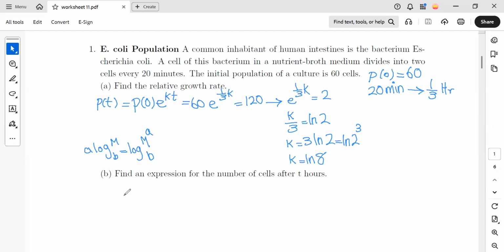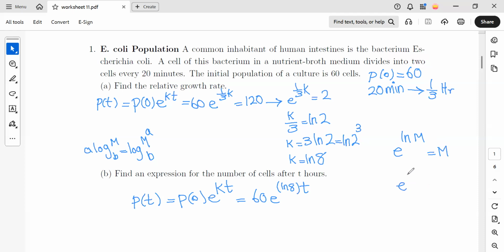For part B, it says for the expression or the model, we would replace it back. So P of t would be P of 0 e to the kt, as in the formula we had. P of 0 is just 60, e to the power k is ln of 8 times t. And using another formula, let me write it in terms of ln this time: e to the power ln of whatever you have, that would be m.